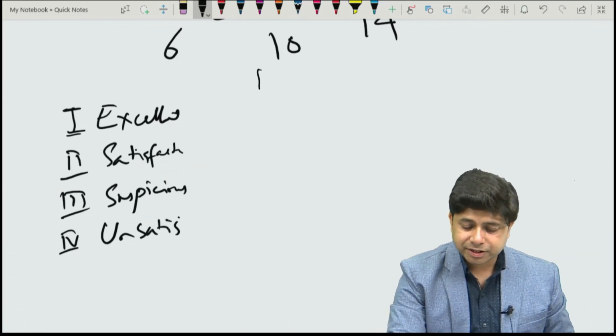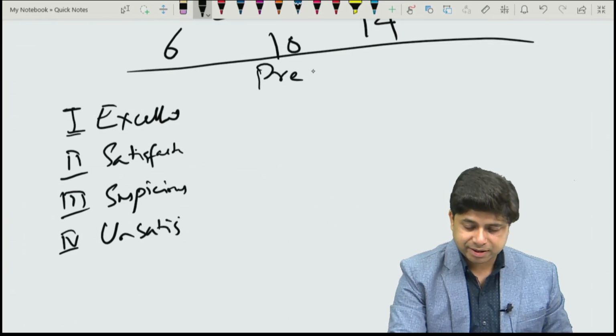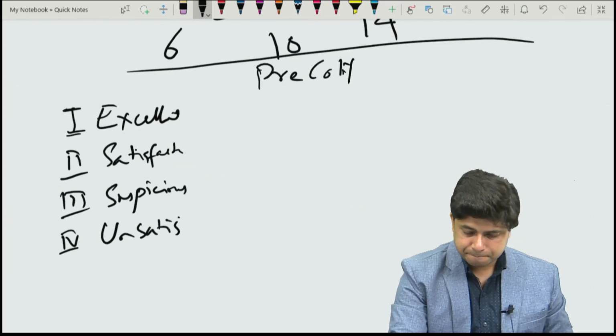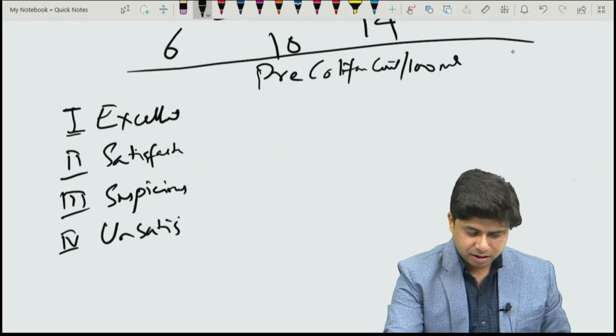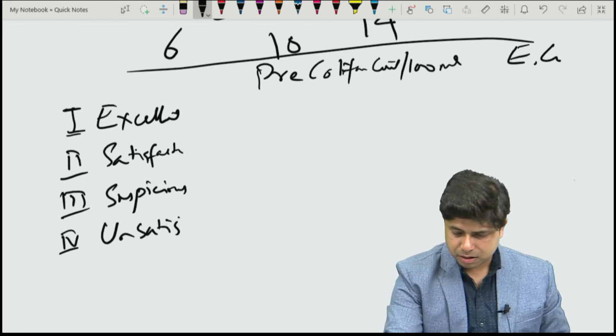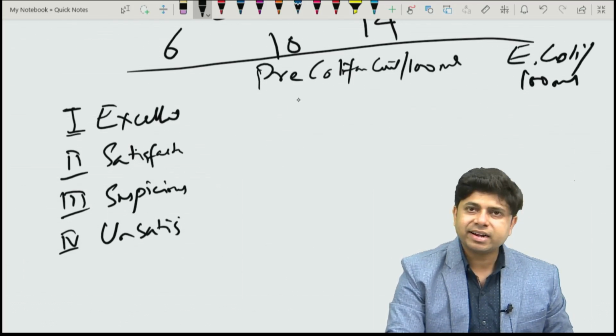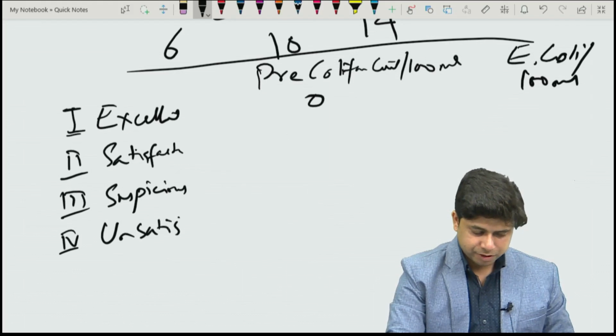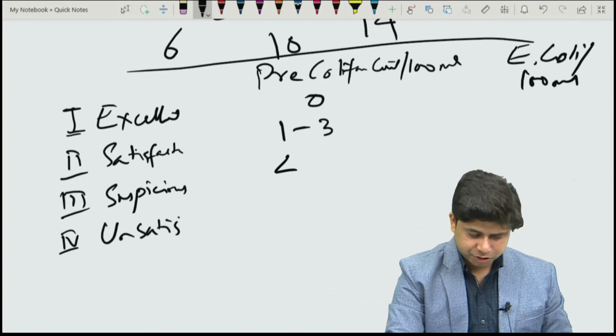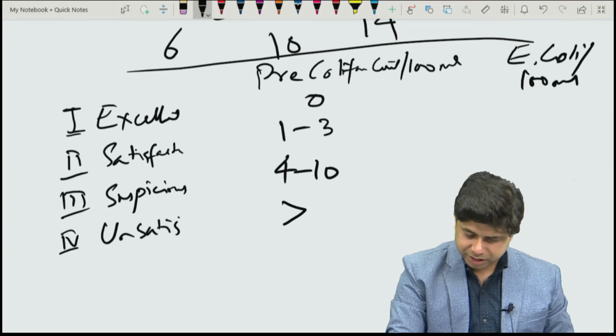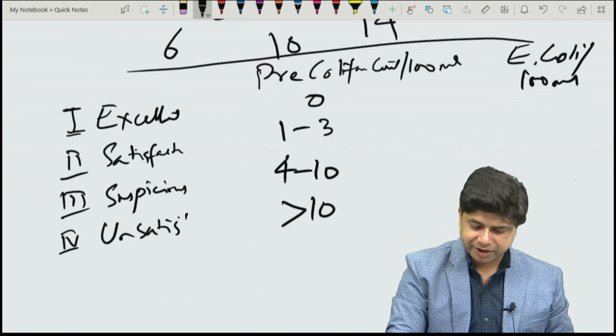So there are two things for the quality of water: presumptive coliform count per 100 ml and E. coli per 100 ml. For excellent, it should be 0. For satisfactory, it should be 1 to 3. For suspicious, it should be 4 to 10. And if it is more than 10, then it is unsatisfactory.